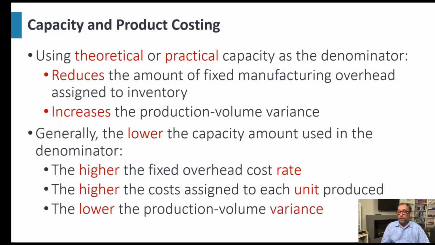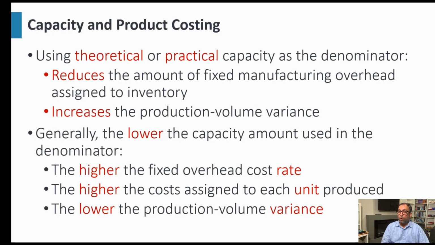So, using theoretical or practical capacity as the denominator reduces the amount of fixed manufacturing overhead assigned to inventory. If we use the theoretical capacity for our calculations and for finding out the cost, that is not going to give us correct information.